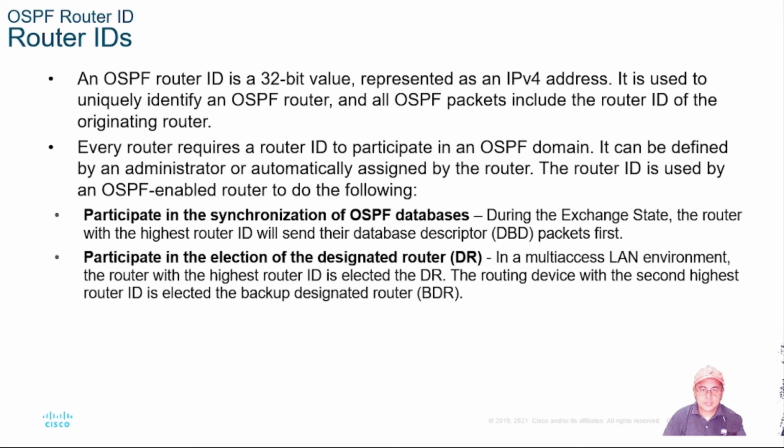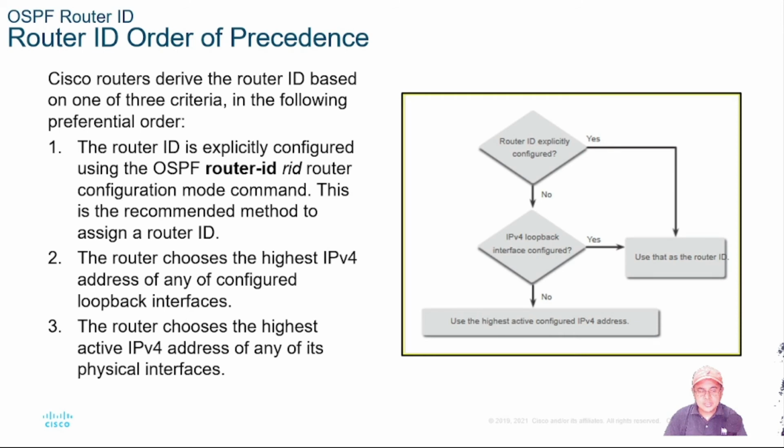Now, the router ID order of precedence. Cisco routers derive the router ID based on the following criteria, so the router will automatically select it by these three criteria. Number one, if the router is explicitly configured, or manually configured using the command router-id, the router will use that as its router ID.